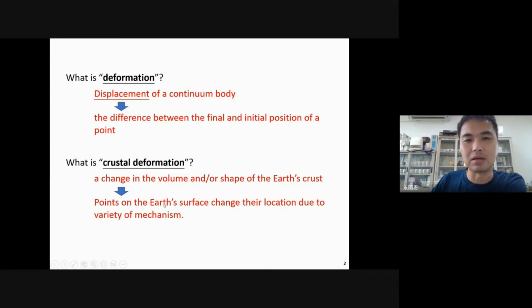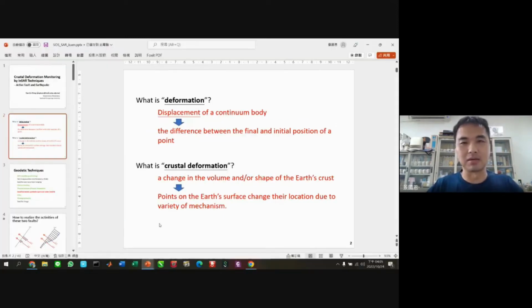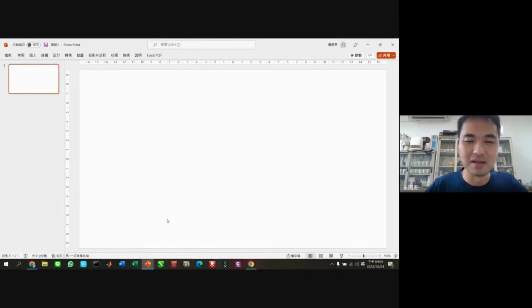Because the Earth's surface changes, the location change of this point will show us the surface deformation of the Earth. A very important key is whether we can understand the mechanisms that cause this surface deformation.